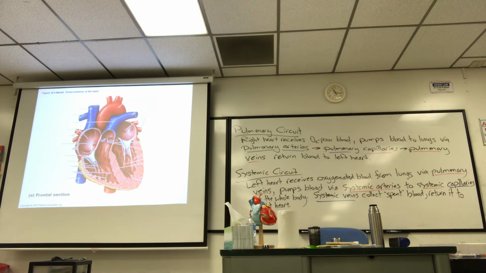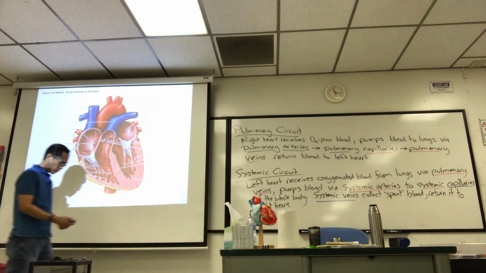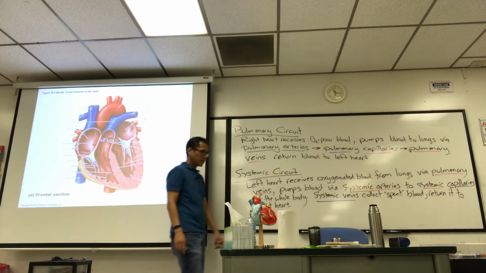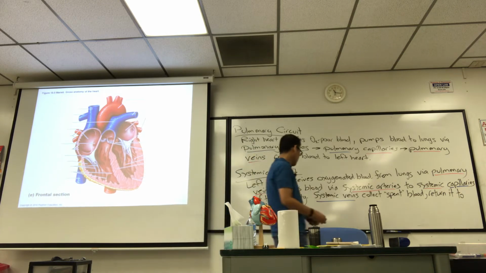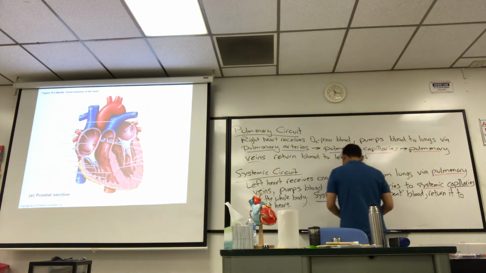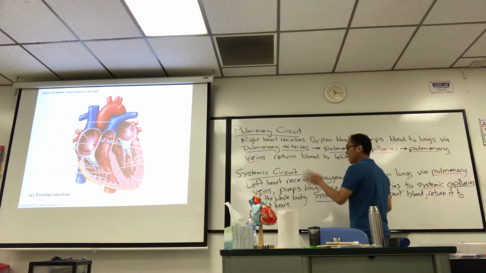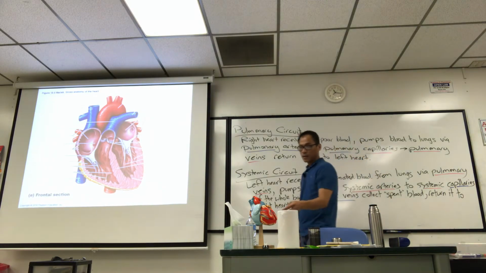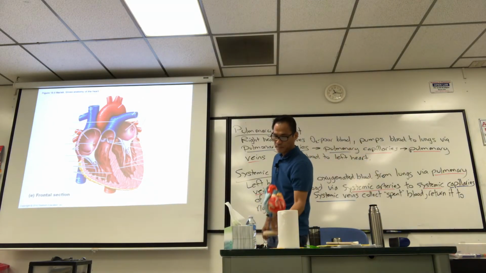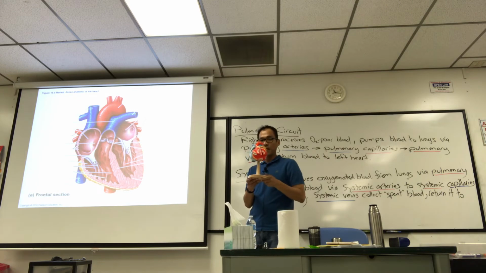So this is kind of the classic picture of the heart frontal section. You can see the structures, the basic things you gotta know. One of the things I like to point out is that this is not how the heart sits in the body. What I like about our stands, the heart model on the stand, is how the heart sits in the chest. That's the right perspective.